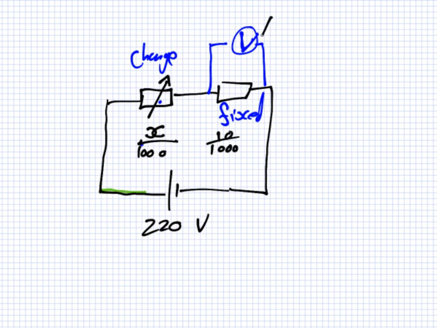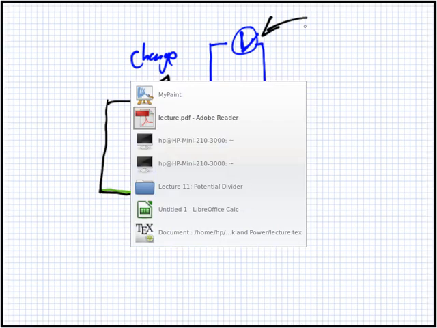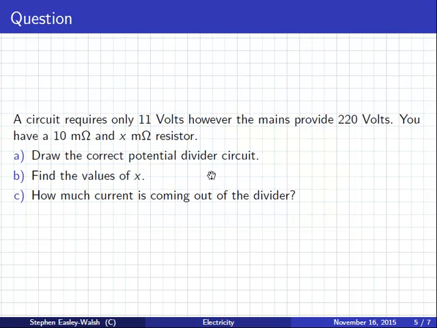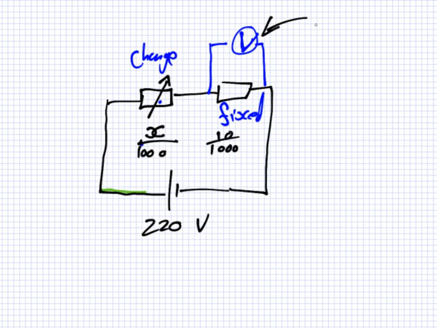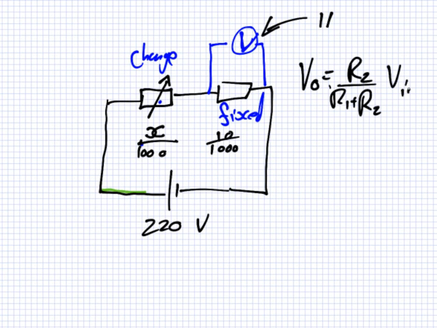Right, now what voltage do you want on the output? The first question is draw, second is find the X. It's 11. You want 11. So if I use my formula, V out must equal R2 over R1 plus R2 times V in.